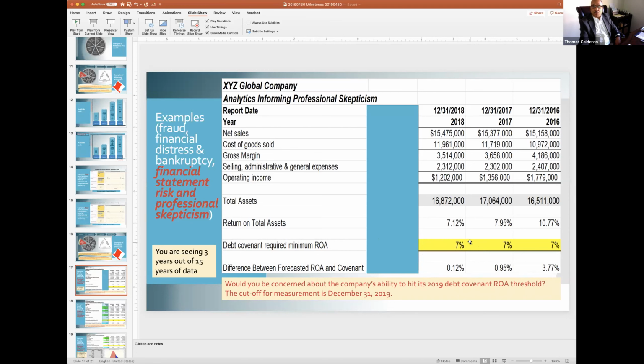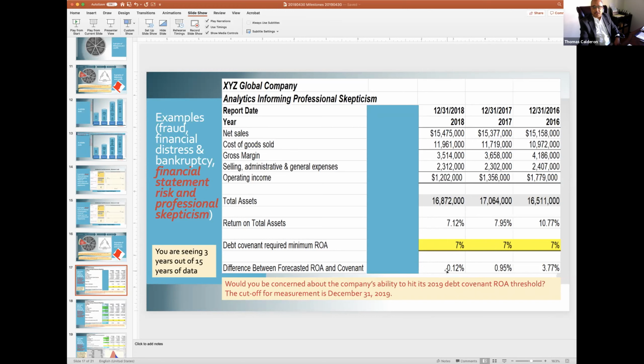But as an auditor, I probably would be concerned about that declining trend because the company has a debt covenant that requires 7%. Sales are declining, and total assets used are about the same every year. And so the company has to do something in order to maintain its 7% threshold.